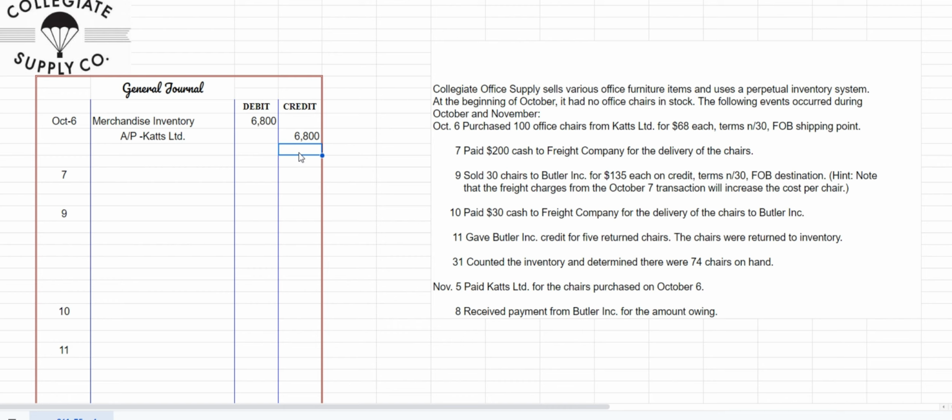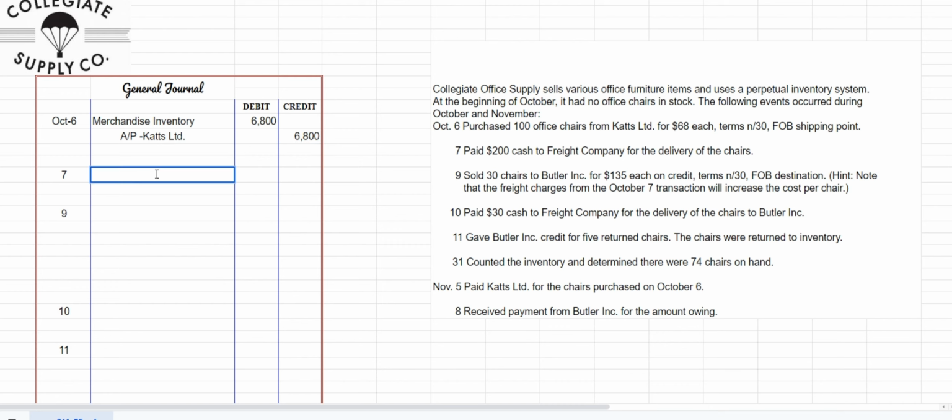Notice that it says FOB shipping point. That is just some information about the shipping. Whenever it says FOB shipping point, that means the buyer will pay the shipping cost. And whenever it says FOB destination, that means the seller will pay the shipping cost. So we don't need to do anything about it right now.